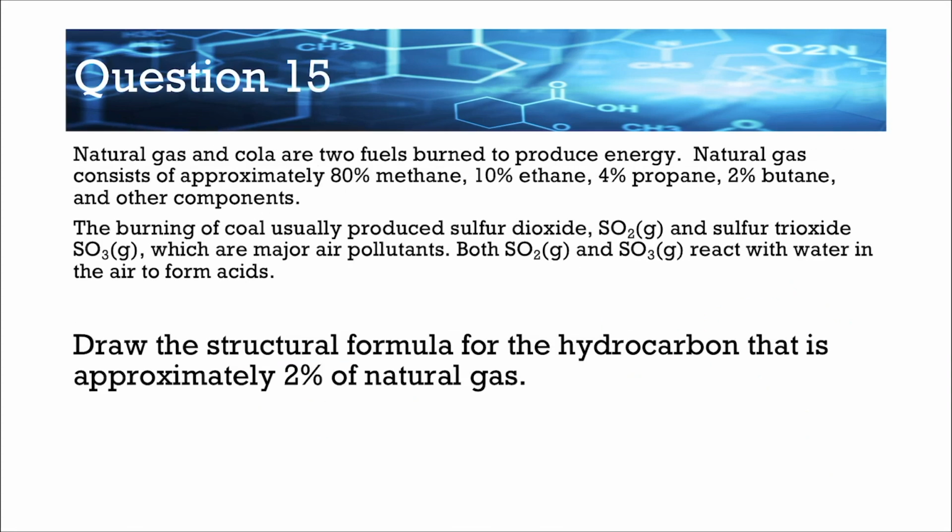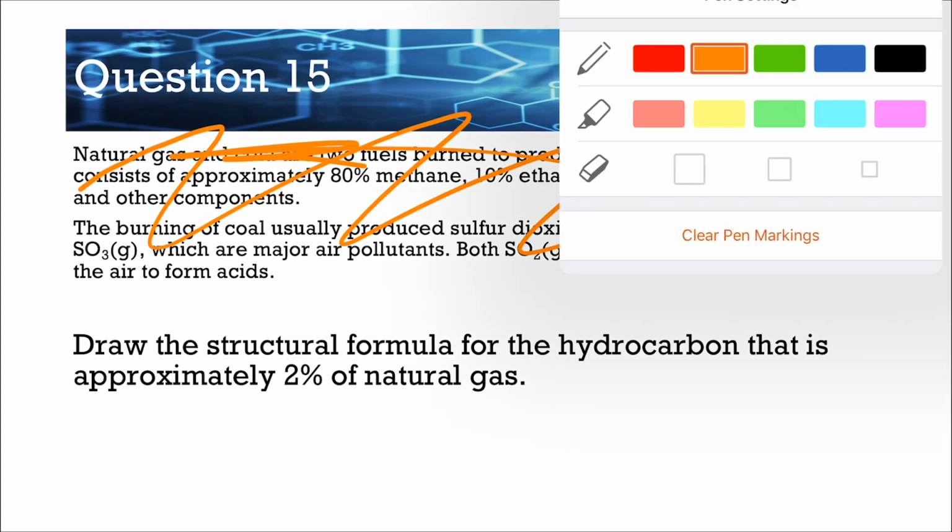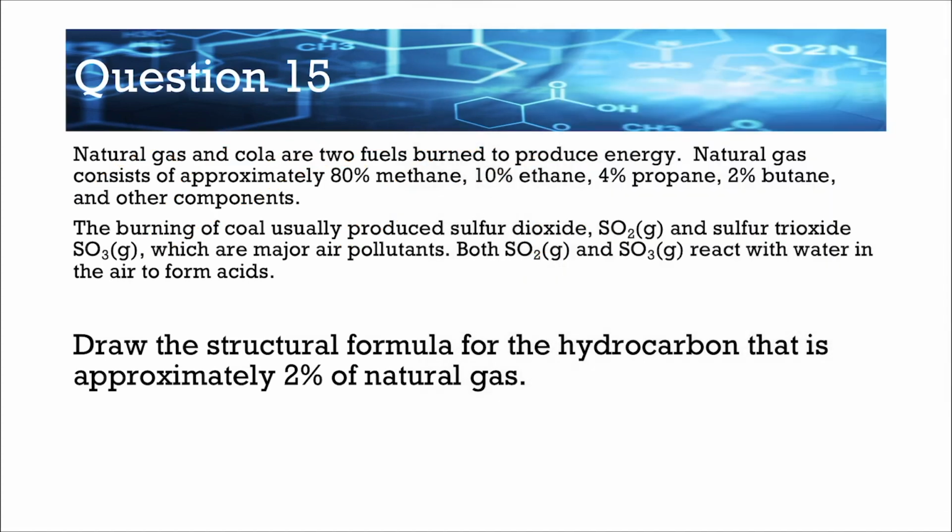Number 15 talks about gas and coal. So let's see. It says draw the structural formula, but no one really cares about this. Actually, I need some of that. It says, draw the structural formula for the hydrocarbon that is 2% of natural gas. So 2% of natural gas is butane.